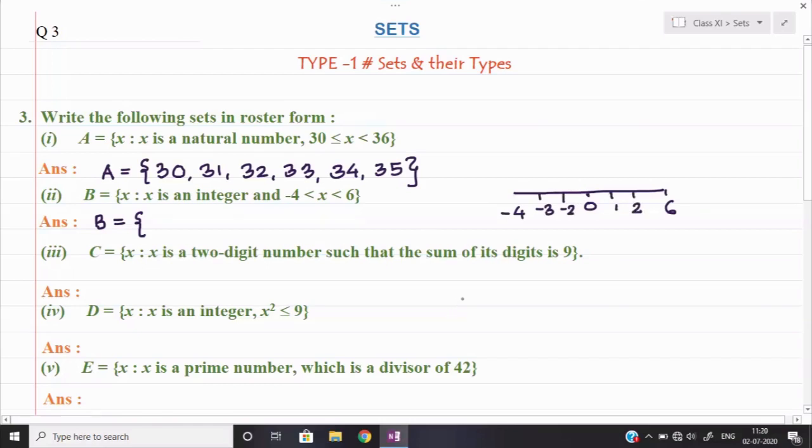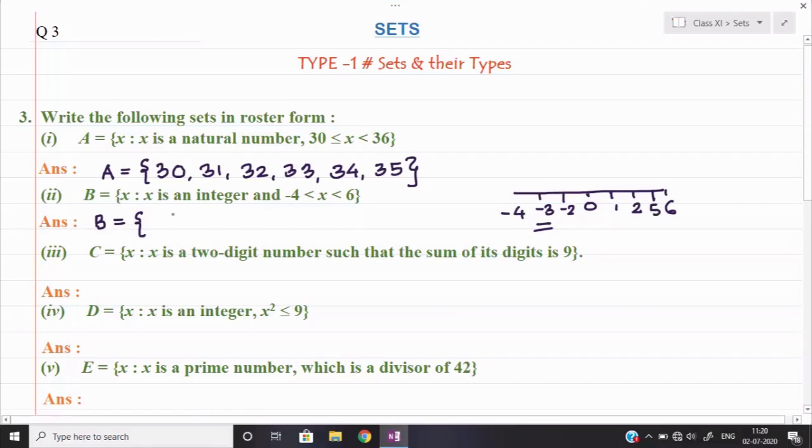Okay, so here they are saying the value should be more than -4 but less than 6. So more than -4 means which value shall we start from here? -3. So we shall start with -3 and we shall go up till 5. Okay, because 6 is not possible, we shall take the value less than 6.